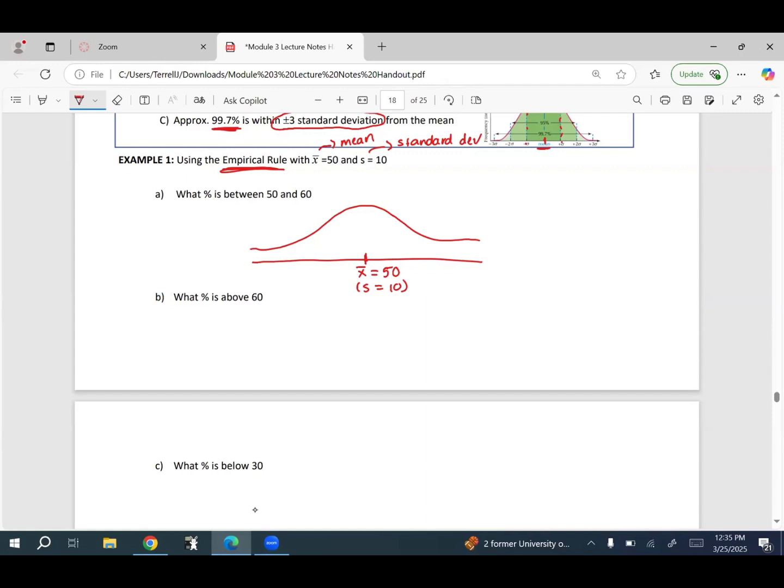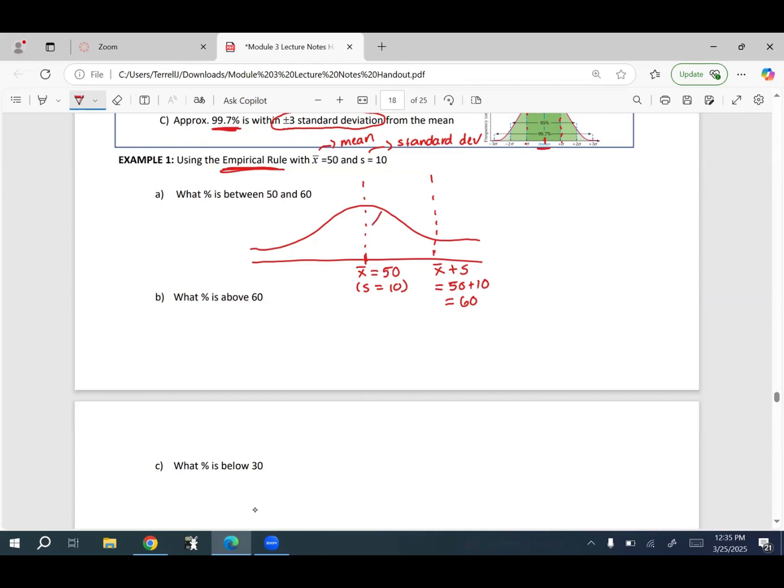Well, let's think about this. 50 is right here. 60 would mean I would have to do 50 plus another 10. That's one standard deviation to the right. I got this by doing the mean plus the standard deviation of 10. That gives me 60.